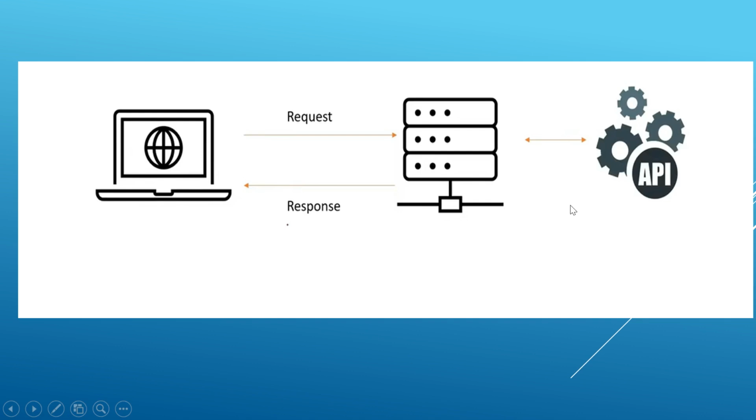In observables, we use subscribe. Once we call subscribe, the communication starts. A stream of data comes from the Angular server, and we can use dot next. We have three callback methods in the observable: next, error, and complete. Next is used to fetch chunks of data from the API.